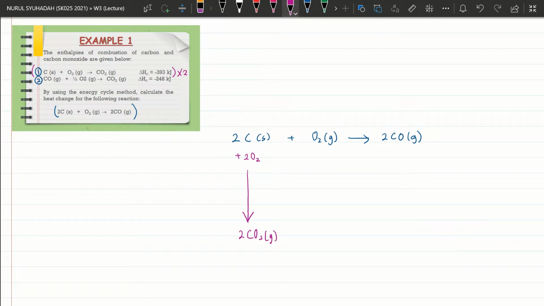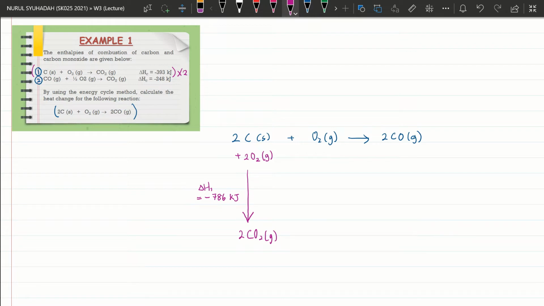Make sure of all the phases. Let me put this as delta H1. Since I did not change the arrow, the sign is the same, negative; only the magnitude is multiplied by 2. So I will get negative 786 kilojoules. That's the first one.